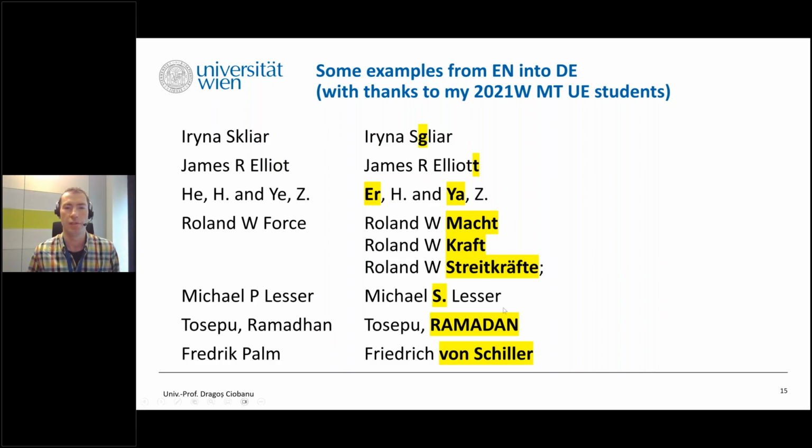And here I've got a whole bunch of examples from my students who are looking at automatic translations of English scientific abstracts into German. And just because Schiller is extremely present in the training data, the neural network just offers it to us as well, even though it doesn't have any link to the original name that was in the source.